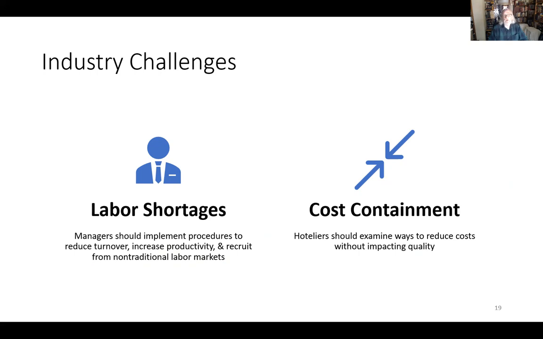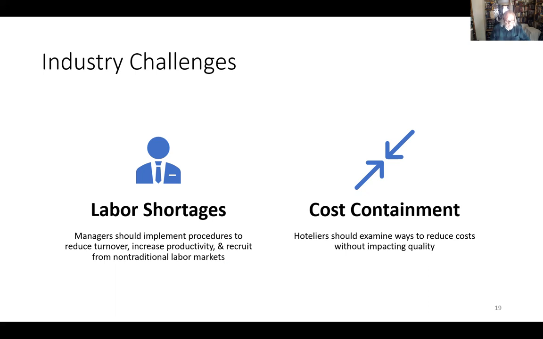And so one of the things that a lot of general managers have focused on is trying to create a more engaging atmosphere to reduce turnover, to increase retention, of course, ways to raise morale and so forth, to increase productivity, and to indeed cast a wider net and recruit from different markets than they have been, maybe increasing the diversity of their workforce and so forth.